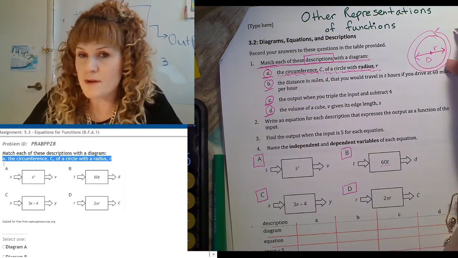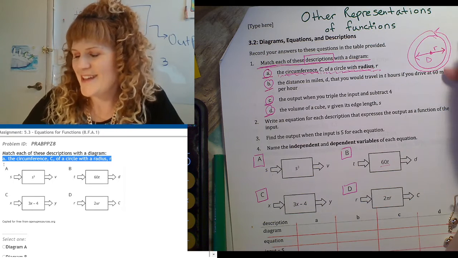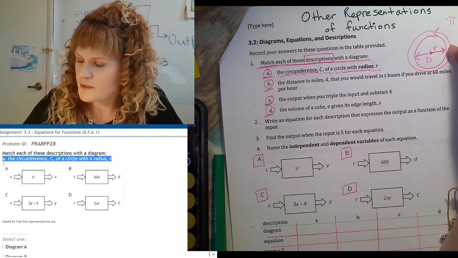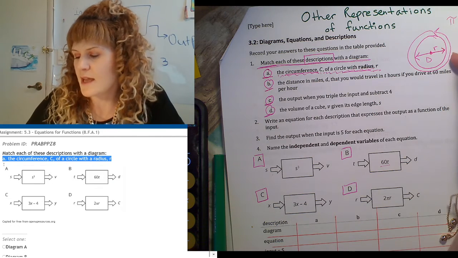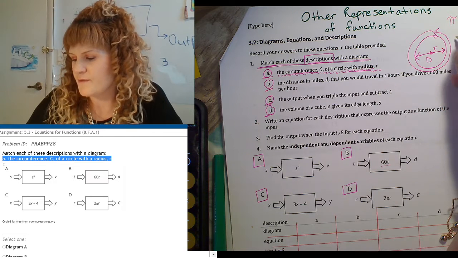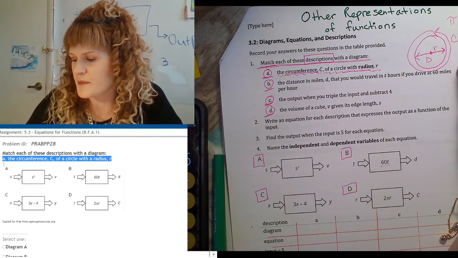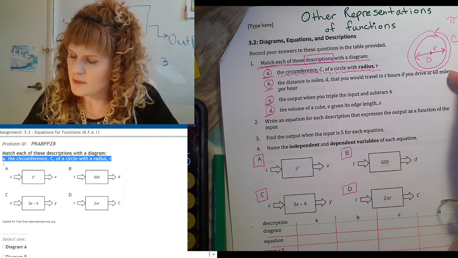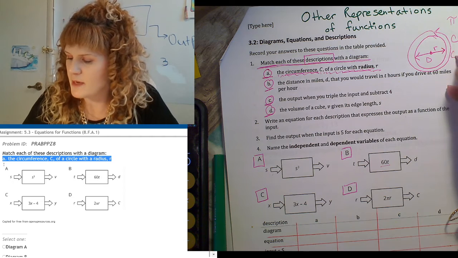Do you remember pi? Pi is the ratio of circumference to diameter. And I can rearrange this equation to find that circumference equals pi times diameter. The diameter is 2 times the radius.